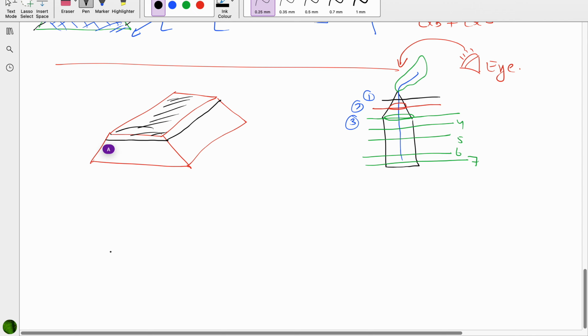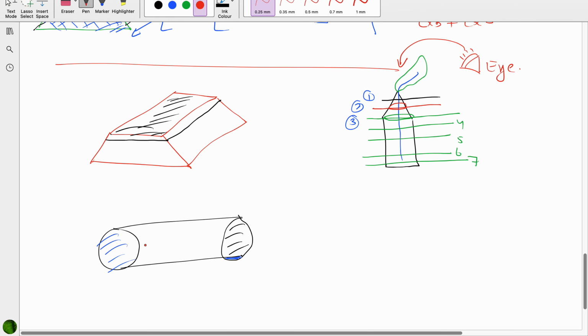For example, if we talk about a cylinder, I have 3 options: one face, second face, and the third one is the curved part.